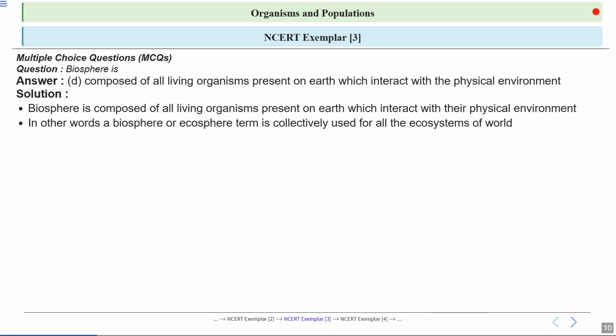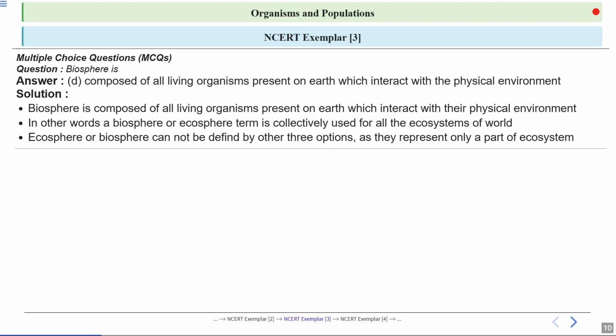Now, think of each ecosystem like a forest, a pond, or even your backyard as a puzzle piece. And the biosphere is the completed puzzle showing the whole picture of life on the earth. So basically, what does biosphere include? It includes all the ecosystems present on the earth. It is composed of all the living organisms present on the earth. You can say it in this way also.